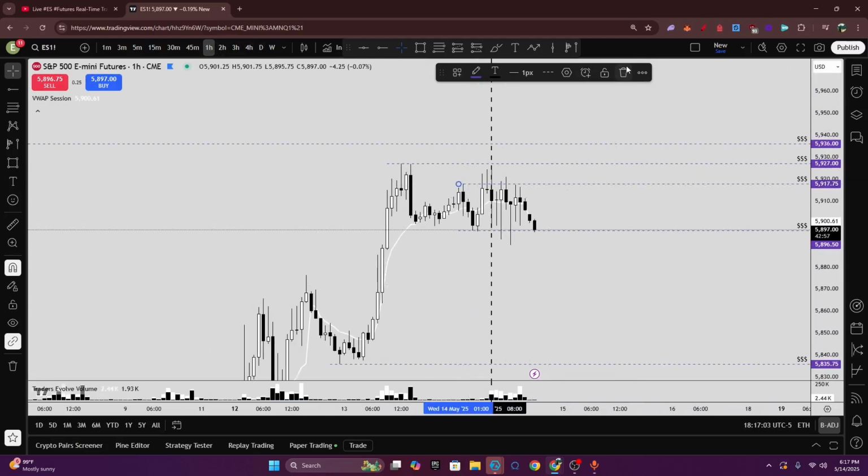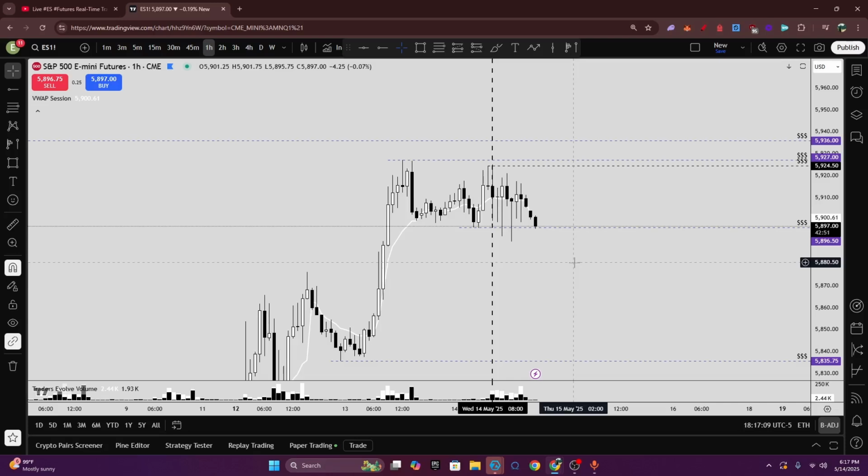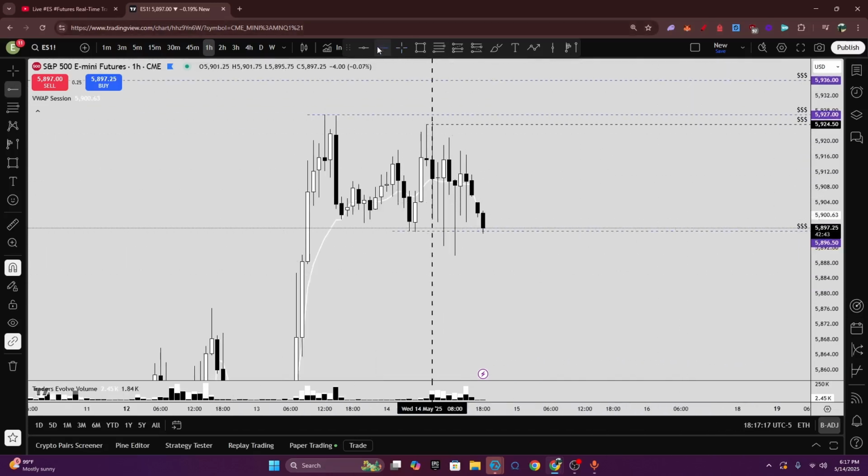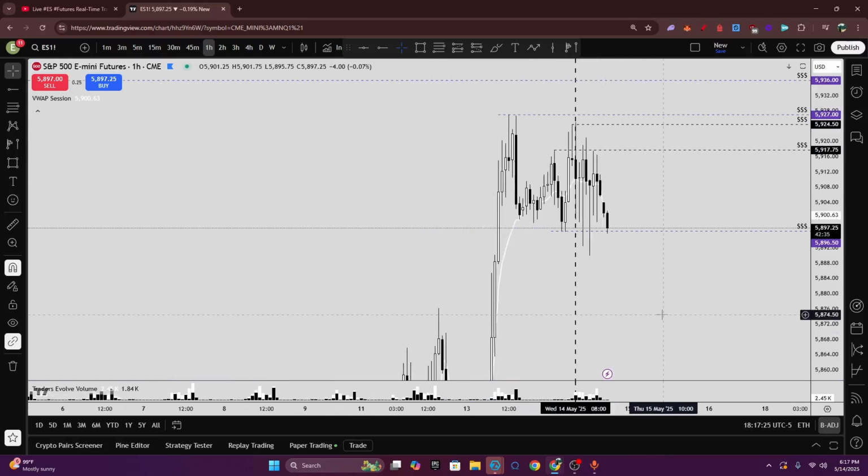Not seeing much, but I do see that there is liquidity up there now. So keeping that in mind as well. But also take a look that this liquidity got swept and we fell down. So I'm gonna leave this here for now, just for backtesting purposes, but I do want to keep that in mind.